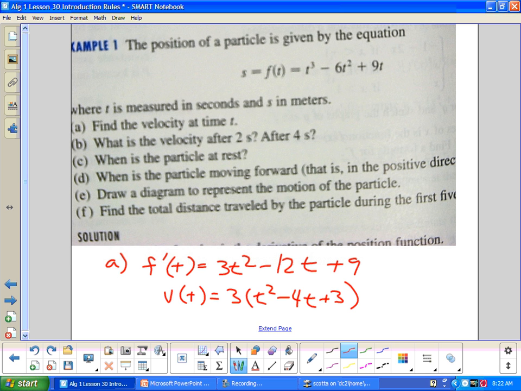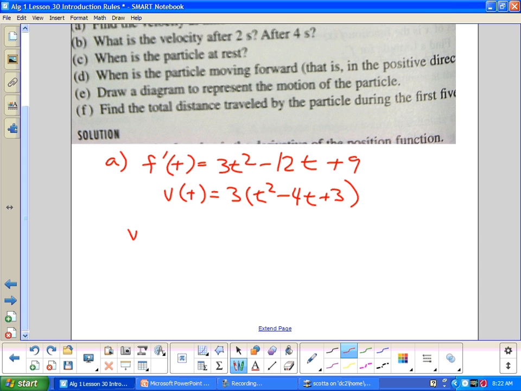In fact, I see it factors again. And the great thing about these problems initially, and then the AP test, they often do this. Because then it says, what is the velocity after 2 seconds and after 4 seconds? Well, that's not that hard. We just simply have to plug it in. So I want v of 2, and I want v of 4.